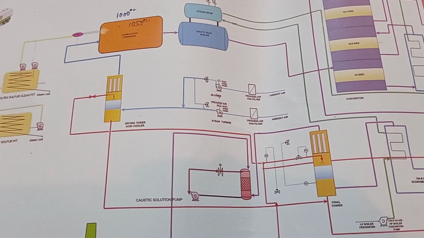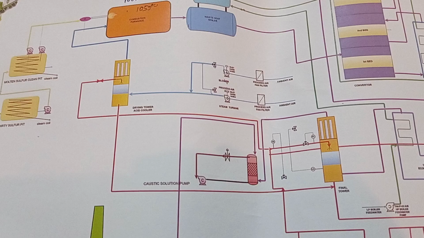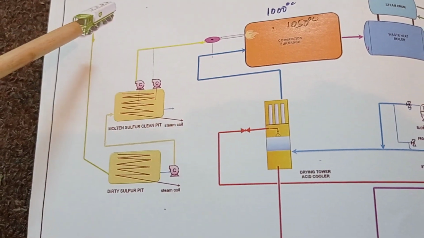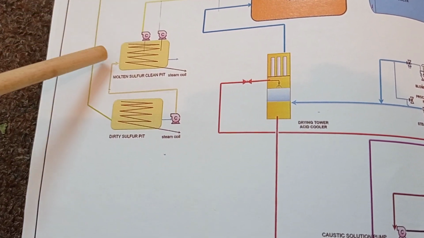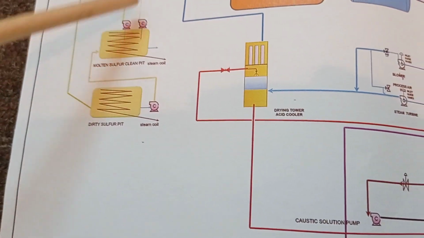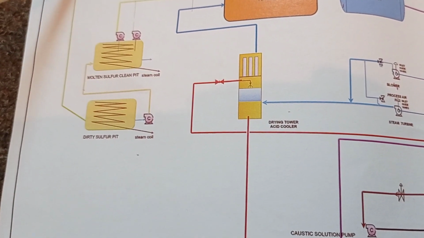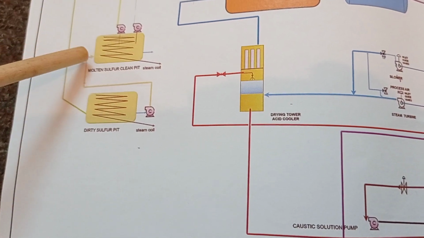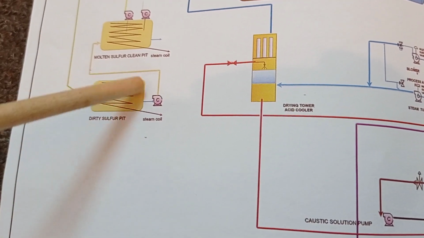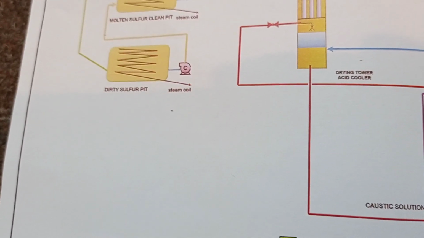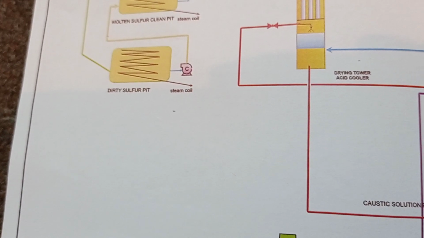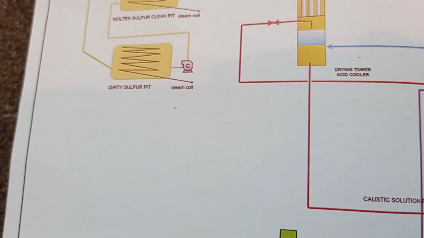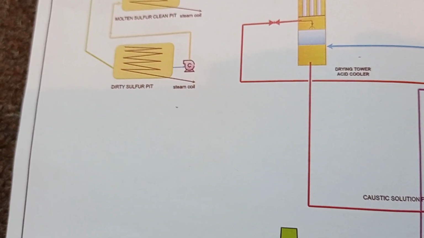Now let's start from the beginning, from where the sulfur starts and where it ends as sulfuric acid. If we get liquid sulfur, we can put it in directly and use it. If we don't have liquid sulfur, then dry sulfur will come here and get melted. In the dirty pit we maintain the temperature around 130 to 135, and for pressure we use LPS, low pressure steam.